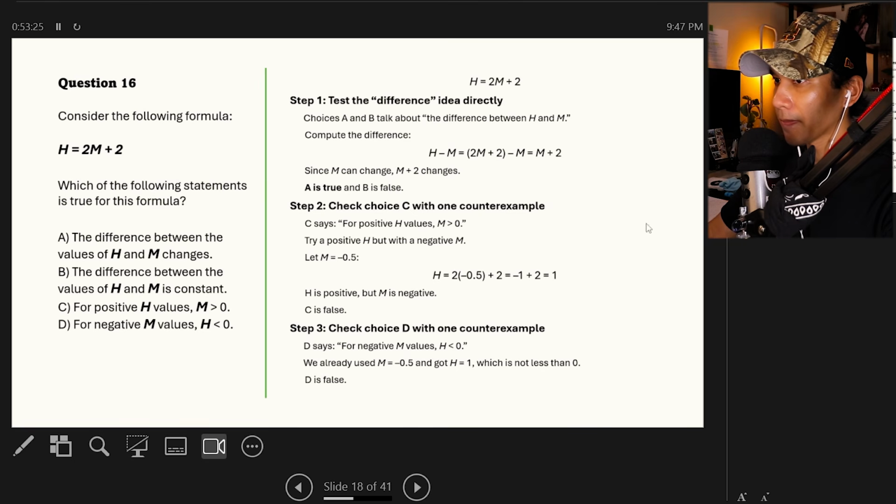D is false. Okay, I kind of got that, but no, I didn't get that. I want you to take a screenshot of this and practice this. These are the most challenging problems, not because they're super hard, they just are time consuming and they make you think a lot.